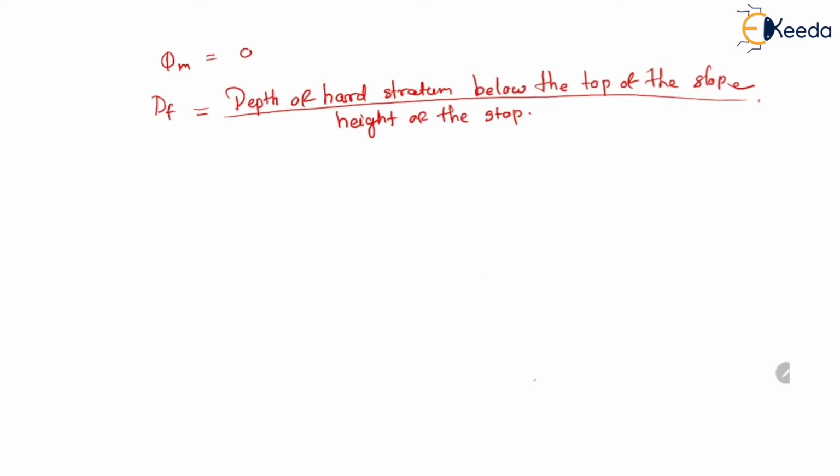So he prepared a chart for different values of df and different values of stability number using different values of slope angles. We will discuss both these charts in detail now.